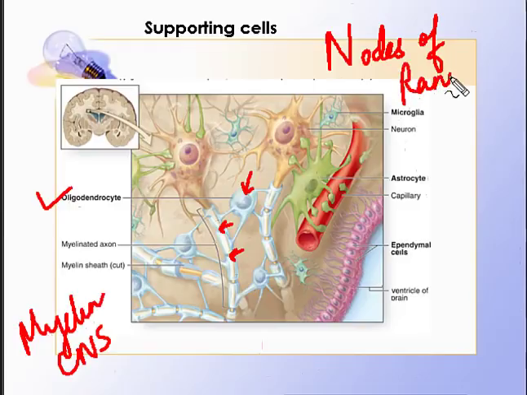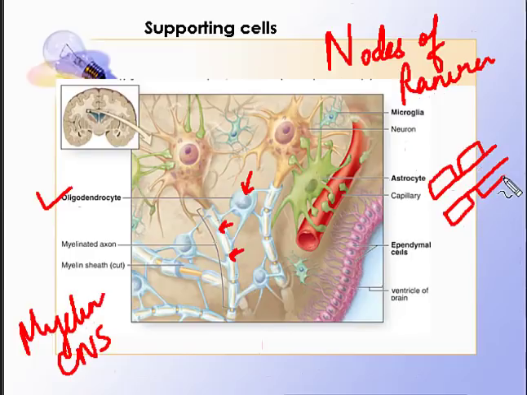So if we have an axon, you will see that the myelin is present here, then it leaves a little gap, myelin is present here, and again here. So these little nodes which are present, these are known as the nodes of Ranvier. And myelination increases the speed of impulse conduction because depolarization jumps from one node to the other. So it jumps from one node to the other.